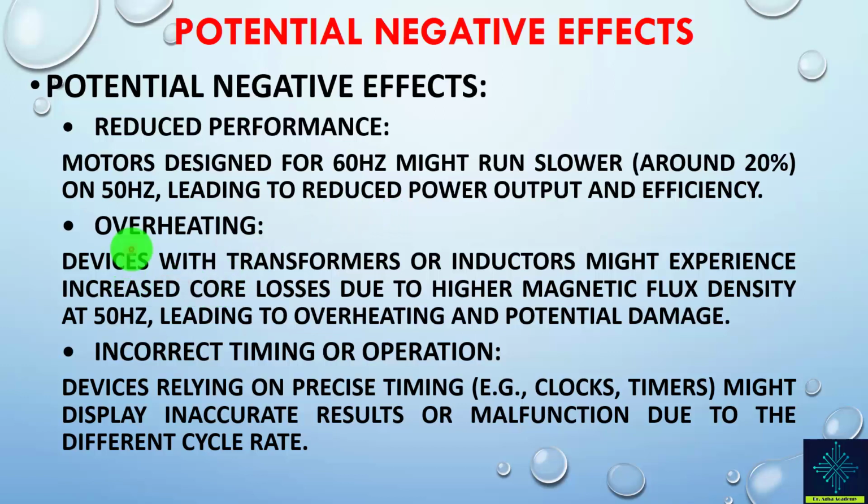Another potential negative effect might be overheating. Devices with transformers, like in the power circuits, or even inductors, might experience increased core losses in the magnetic core due to higher magnetic flux density at 50 Hertz, and this might lead to overheating and potential damage.